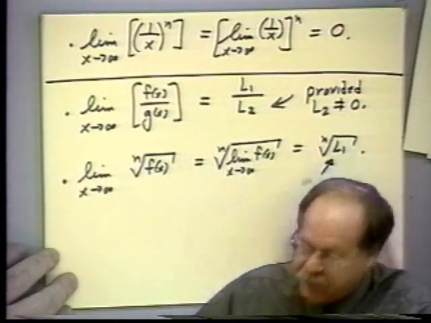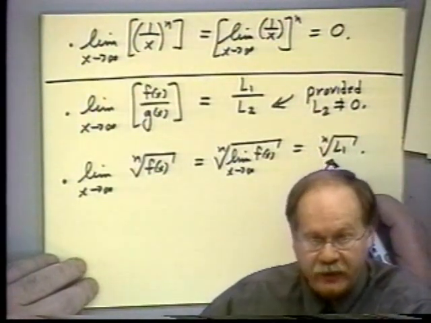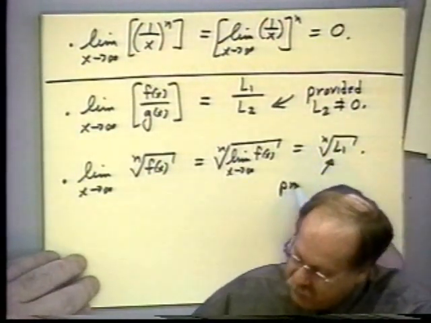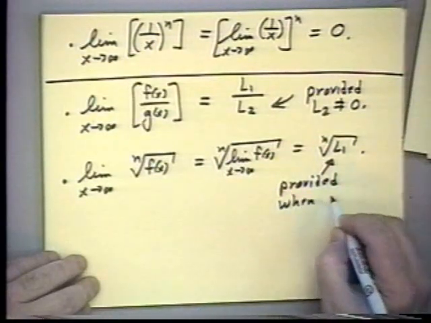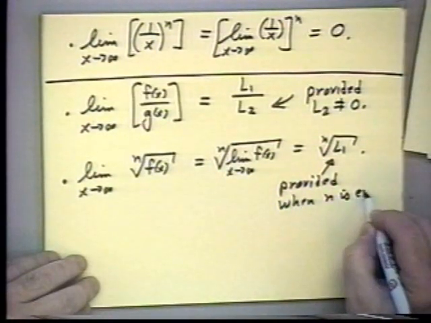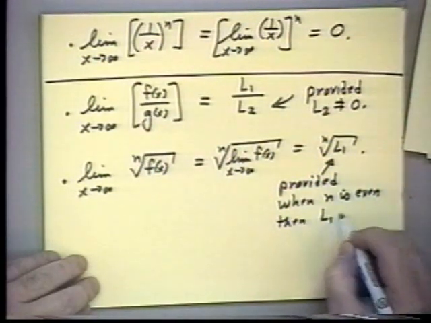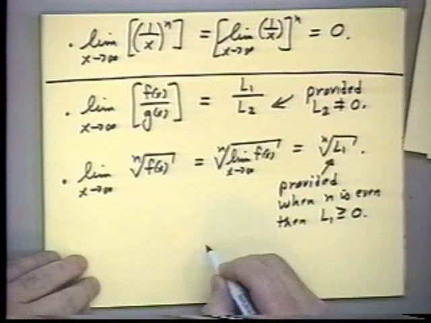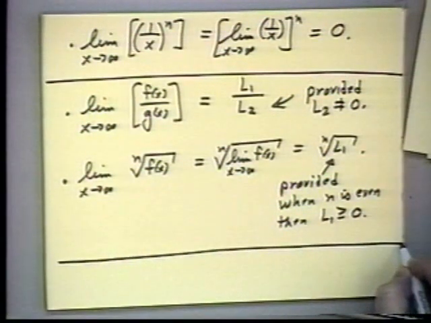And again, there is a proviso here. We have to make sure that L1 is a number that you can take the nth root of. So, provided when n is even, that's the only problem case, then in that case, L1 is greater than or equal to 0. So that covers all of the arithmetic operations.